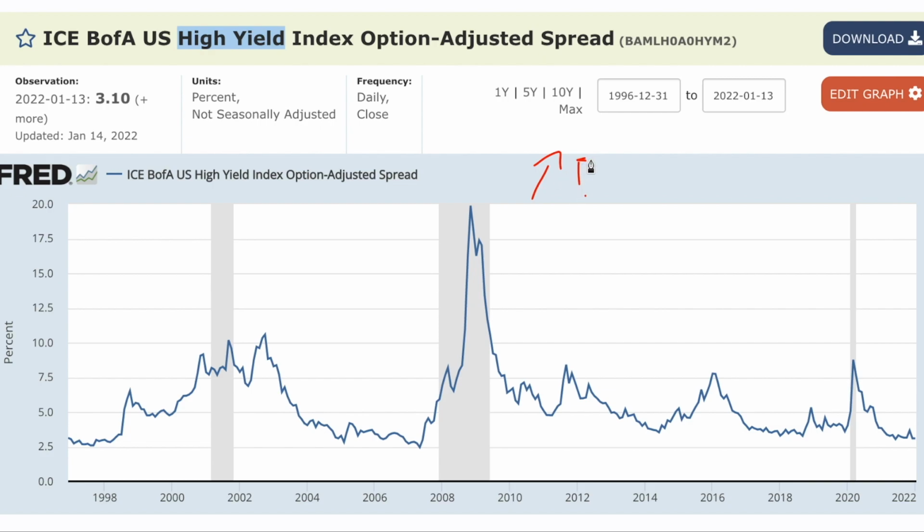And so this is why we take a look at this ratio, because this is the market's interpretation of that. When they start to expect increased bankruptcies, they start to bid up the price of better quality bonds, and they flow out of high yield, what you also call junk bonds.